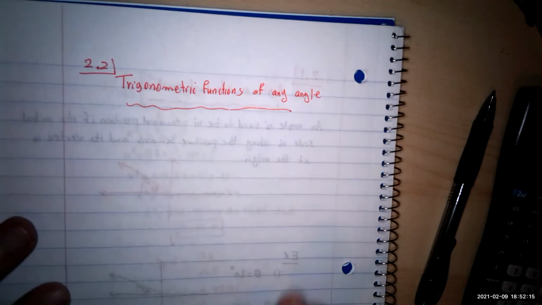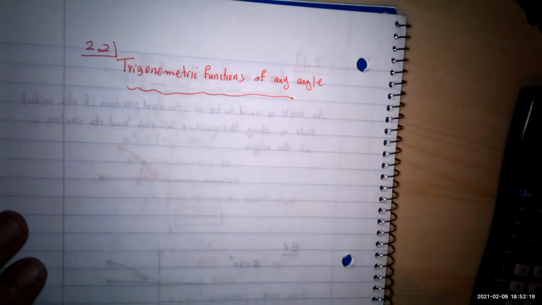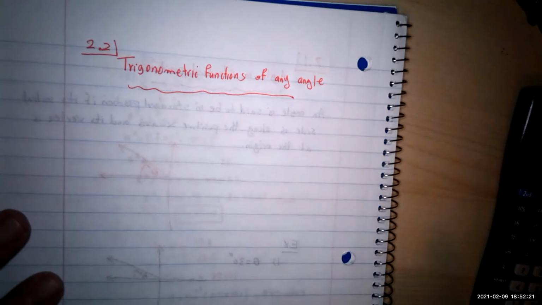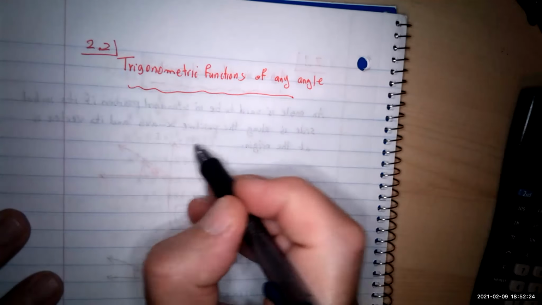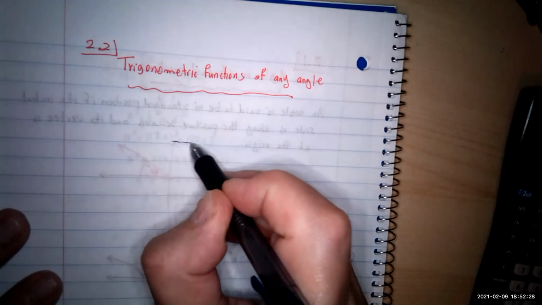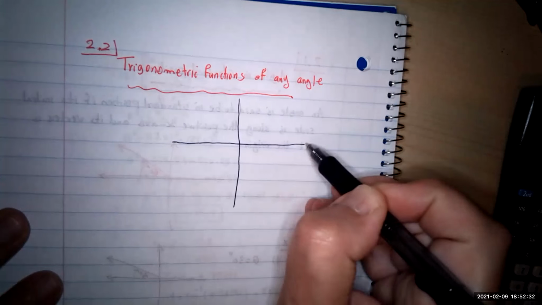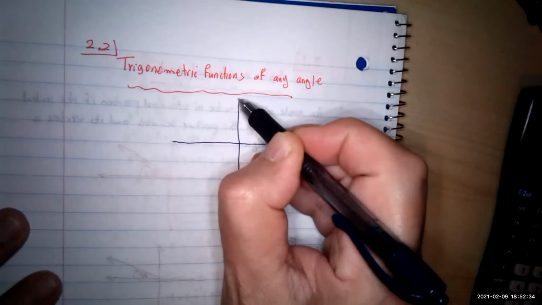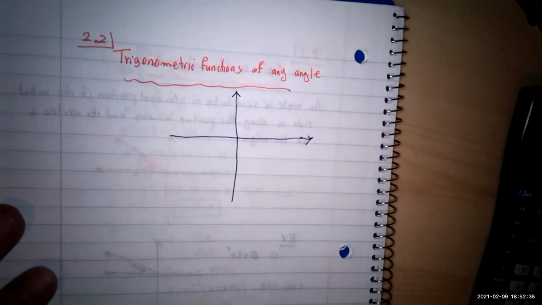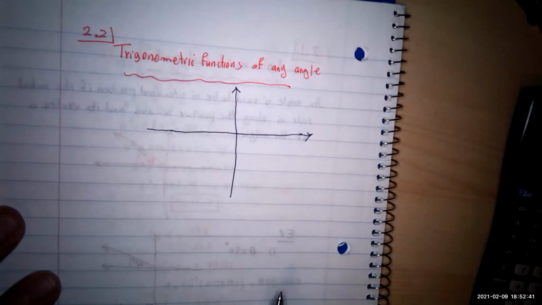Now, how are we going to do it? The point is that if an angle is given here, let's write it down. Consider this XY coordinate system. We know that we can identify any angle, so pick any angle you like.